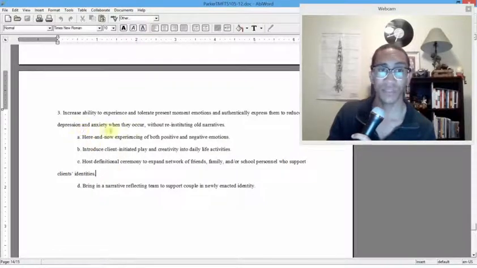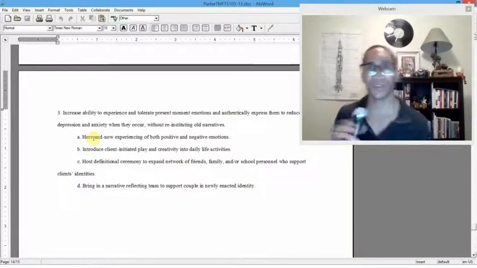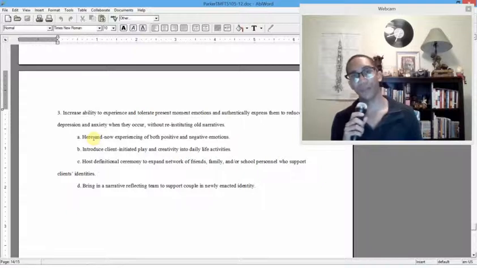Host definitional ceremony to expand network of friends, family, and/or school personnel who support clients' identities. So I guess that's like a little personal touch that Whitaker has, burying the hatchet, like literally going out and burying the hatchet that has the family's problems etched into it or something like that.